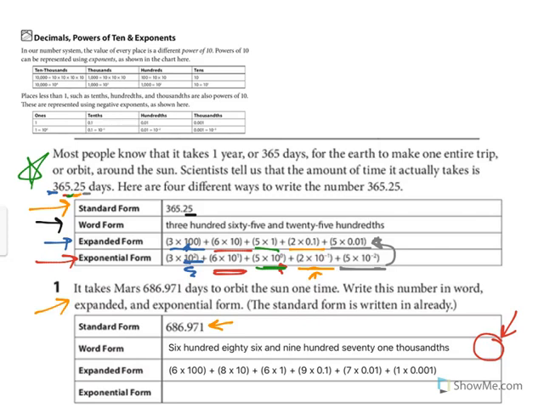Then finally we have exponential form, which is going to look a lot like our expanded form. However, it will use exponents for each of those place values of 10.